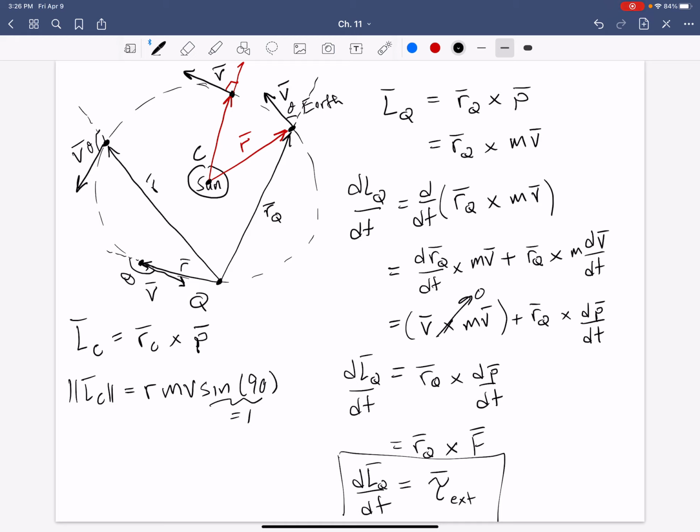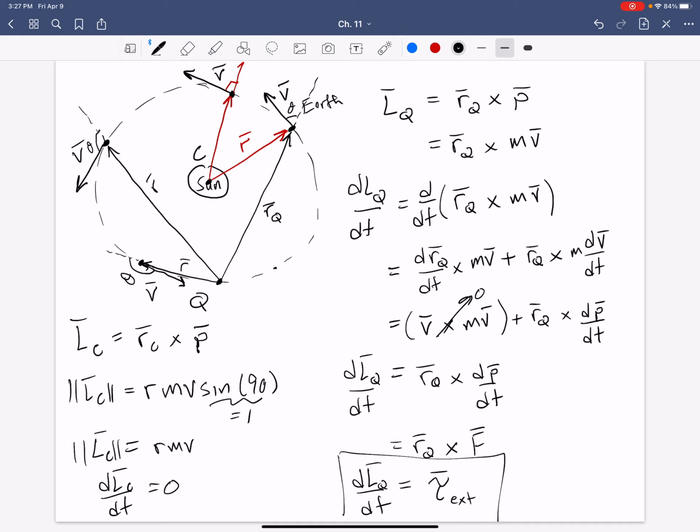Regardless of where the Earth is, the angular momentum will always be r times m times v. There. So now delta L, as measured from the center point C, is 0. It's the same wherever Earth is.